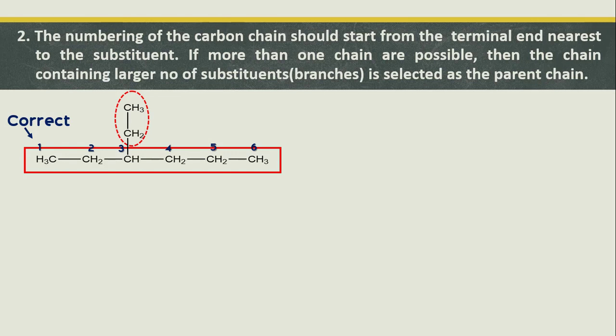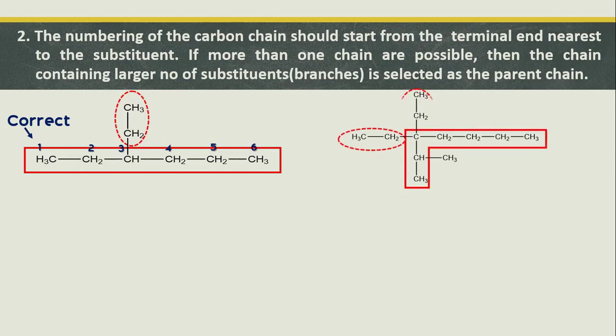Okay, let's see another example. So this chain contains 3 substituents. However, the numbering is done from the end that is facing downwards. Similarly, there is another possibility of numbering.